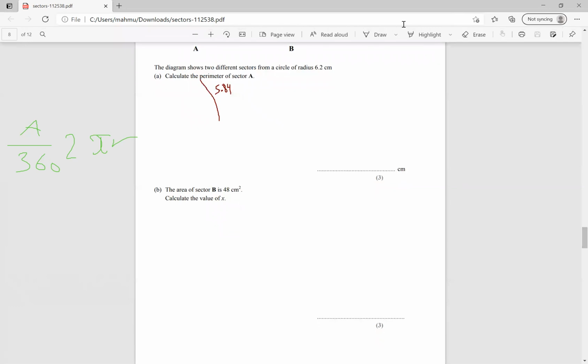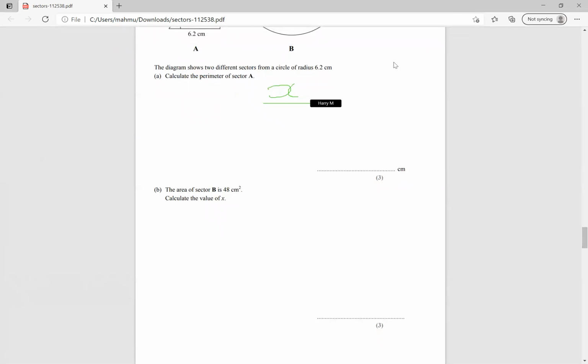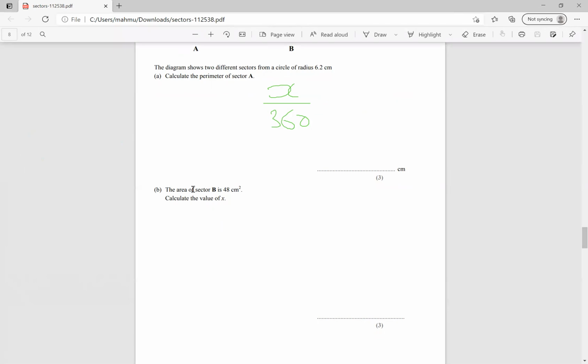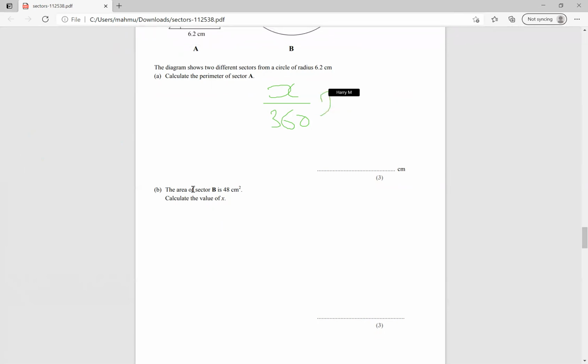Will we have to do x over 360 times 2 times... no, why two? I thought it was 2. It's just times pi r. This 2 pi is for circumference. Area is pi r squared every time.